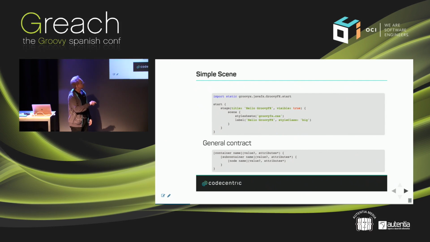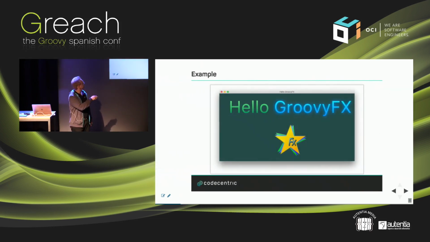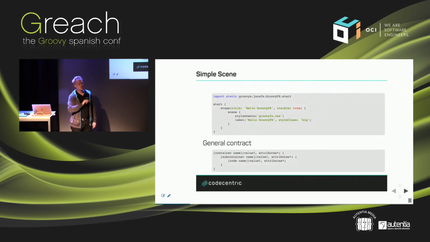In there, you might have another subcontainer, whatever, until you have a leaf, like here the label, and there is the same technique. And in there, you have an optional value, a single value without a named argument. So you can just say, for example, here, style sheets, here is a string, this is the value.